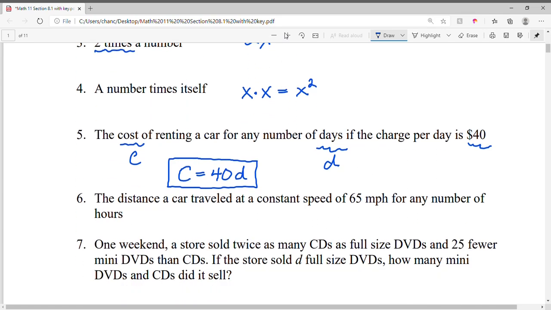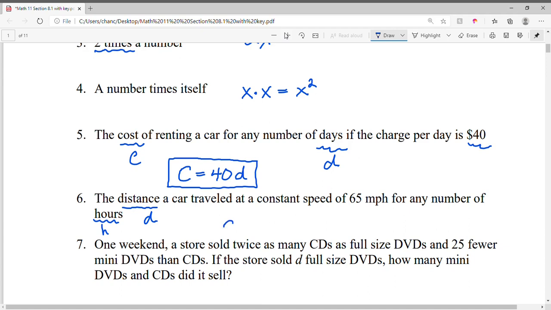Number 6, the distance a car traveled at a constant speed of 65 miles per hour for any number of hours. We'll let D be our distance, and we know that there's hours involved, so we'll use the letter H for hours. This equation is very similar to question 5.